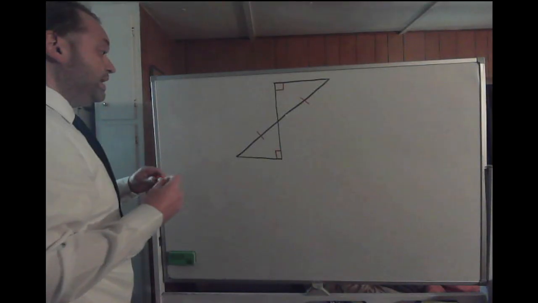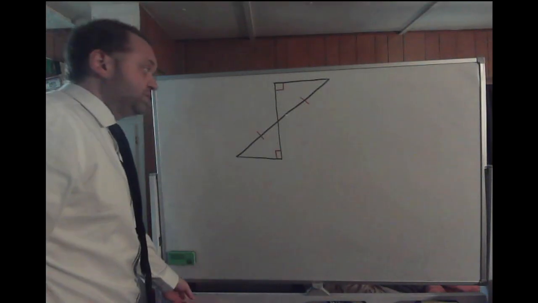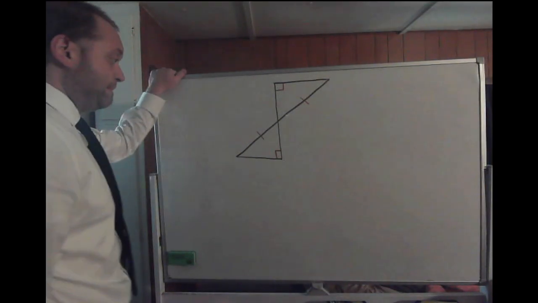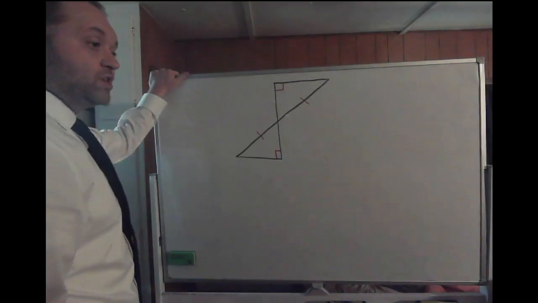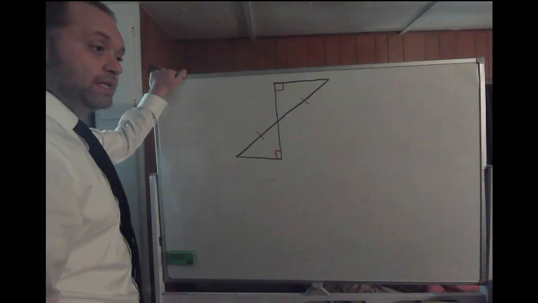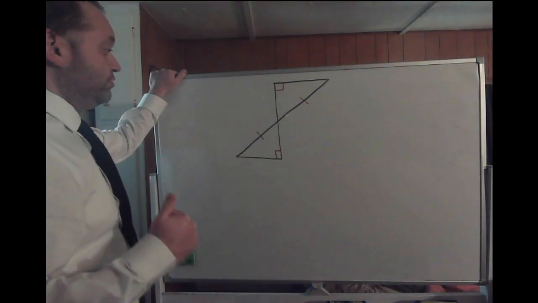Alright, so we have a couple of right triangles here. You can see they're connected. Now, we need to determine A, if they're congruent, and B, by what method are they congruent?